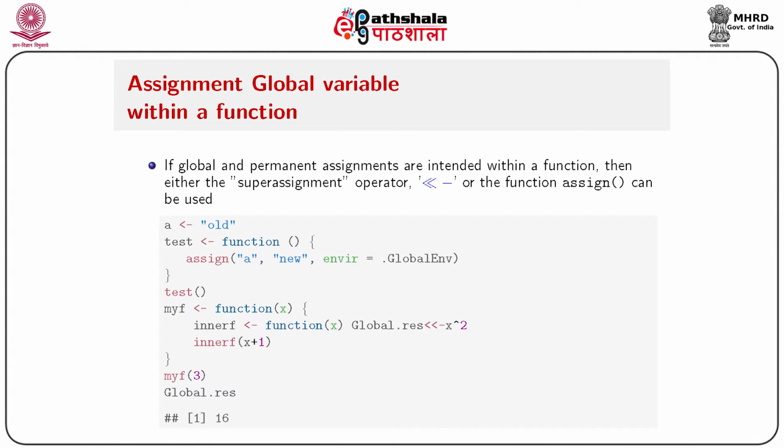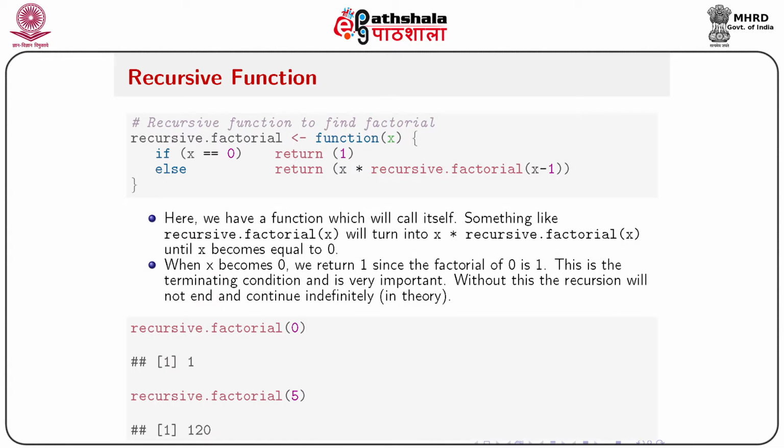Instead of assign, I am using the super assignment operator equals x square. Then inner f equals inner f, you can pass x plus 1. Then if you call my f3, it will give you 16 that has been assigned there.